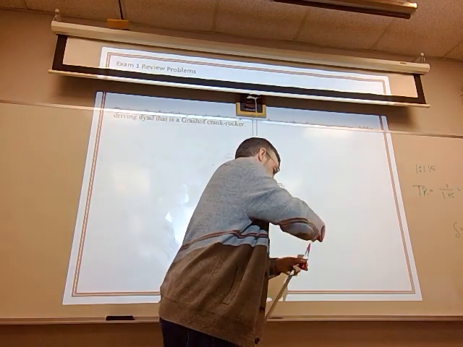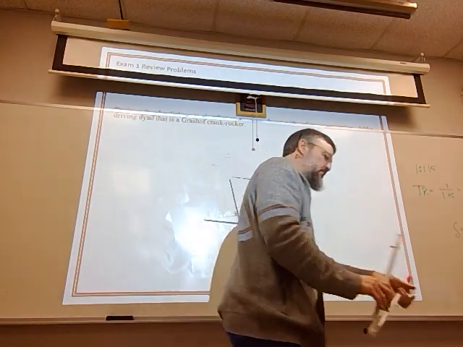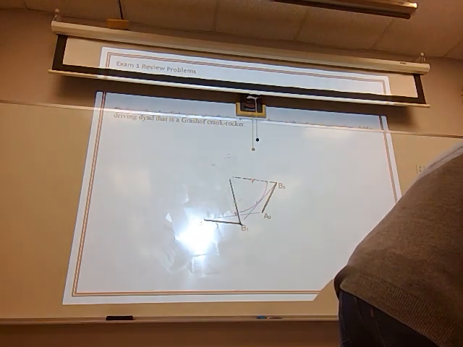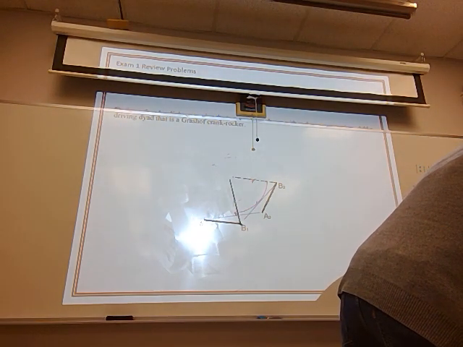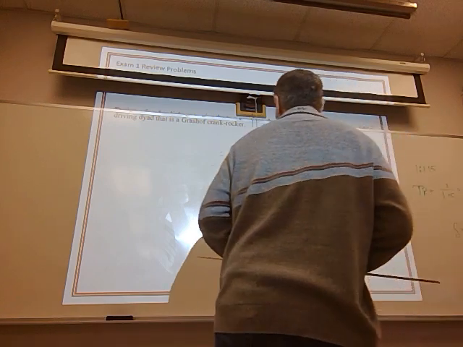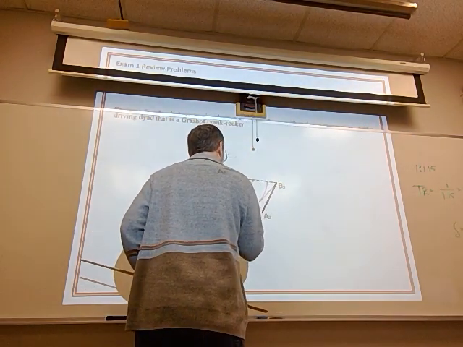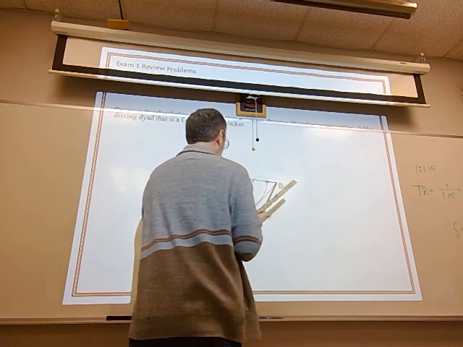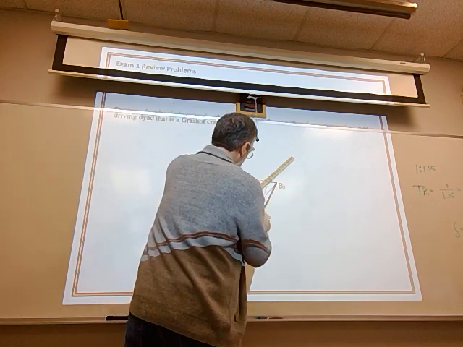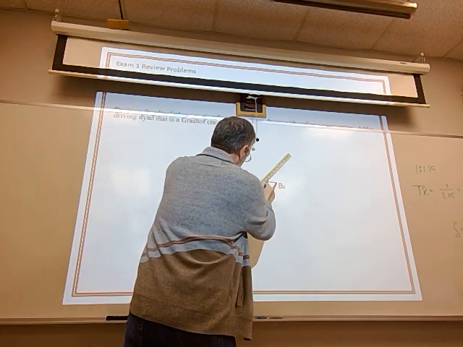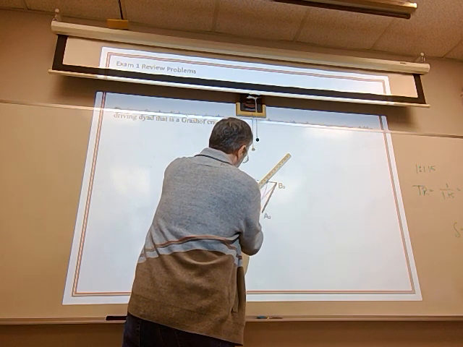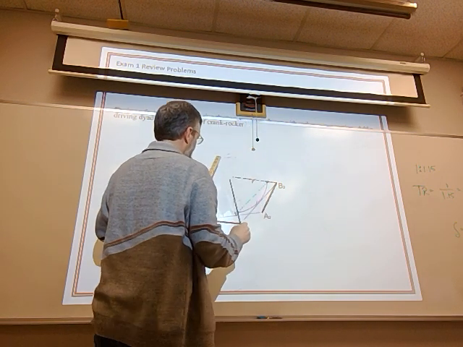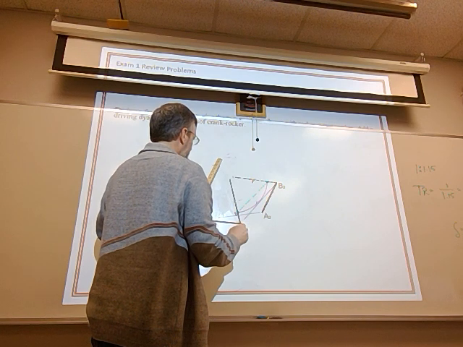Hopefully I can do this. And I'll make those connections, and this would be the dash. That would be the spot where it would be a non-quick return.